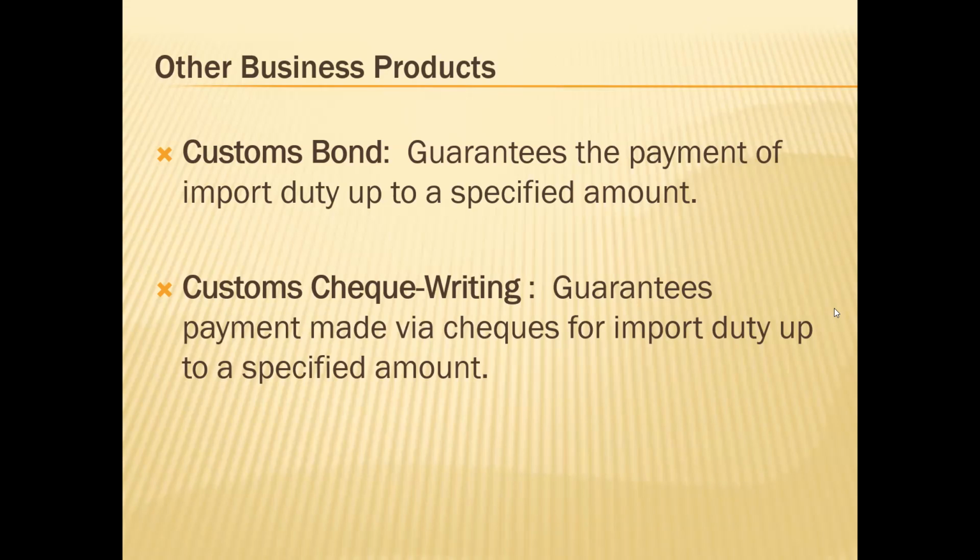In this instance, if I write checks, I'll give them a check, and if that check bounces, then the Customs Department will ask the bank, the financial institution, to pay for that bounced check. But the customer doesn't want that to happen because then they can end up canceling the customs check writing facility.